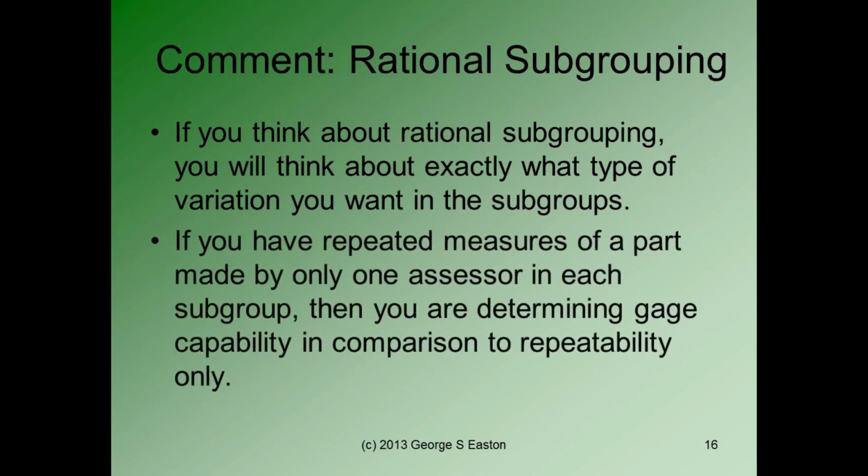In particular, if I use the procedure pretty much as I've described it so far, which would mean that I take a part and I measure it with a single measuring instrument by one person, then what's going to be in that subgroup is the repeatability. The repeatability is the variation of the gauge when it's operated by one person. And so what I'll be determining then is whether my gauge is capable by comparing the variation in the characteristic of interest to only the repeatability.